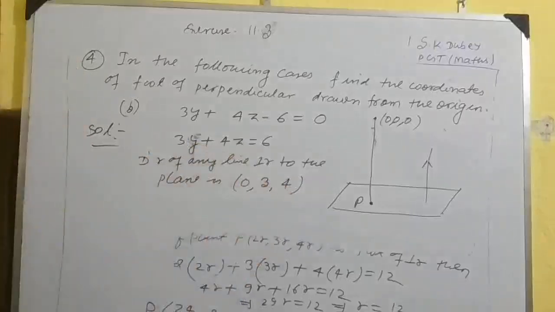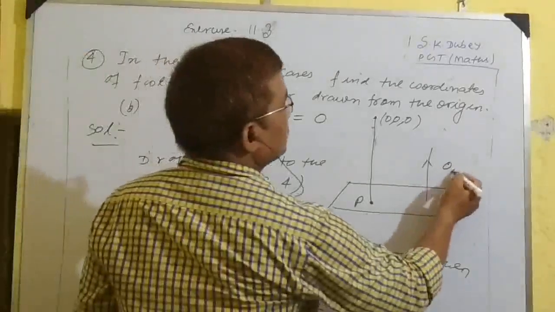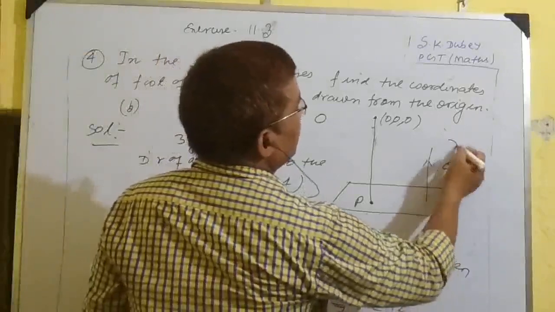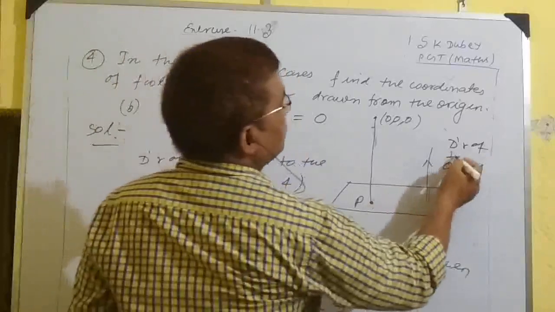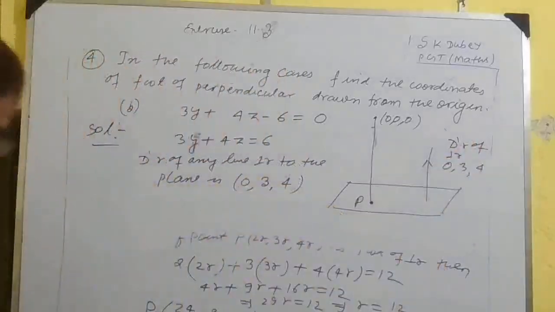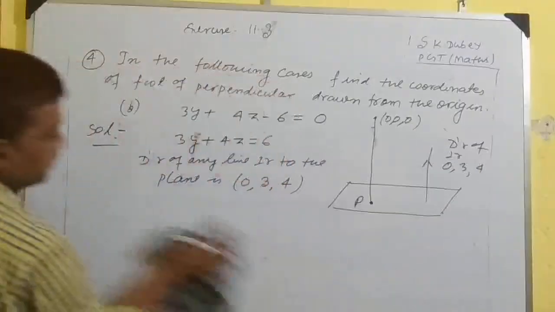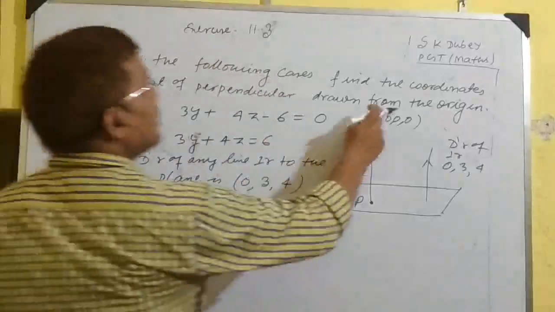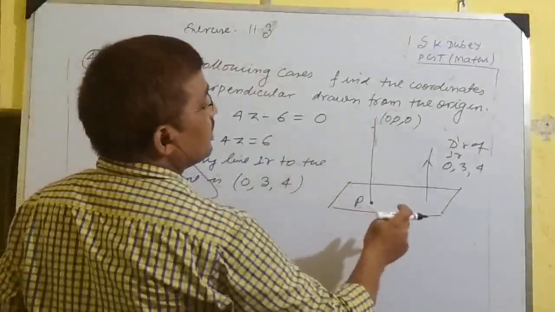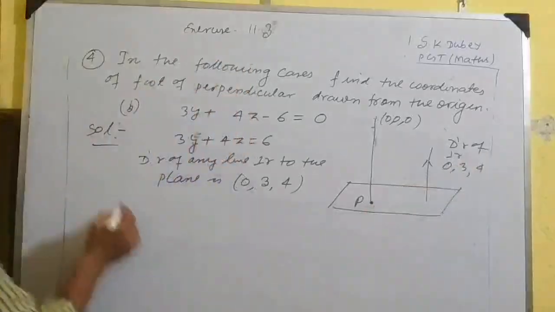That is 0, 3, 4, the direction ratio of the perpendicular line to the plane. As this OP is also perpendicular to the plane, the direction ratio of line OP is same as 0, 3, 4.